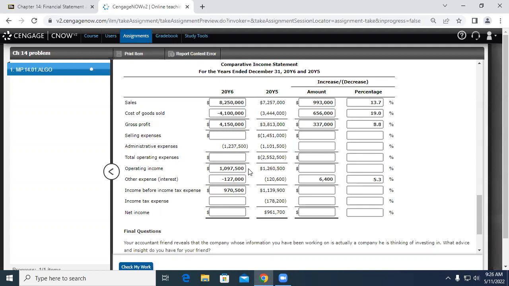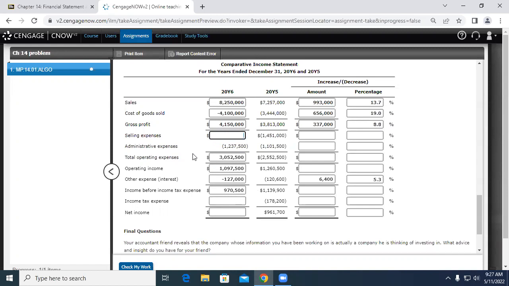now continuing to work backward, our gross profit minus total operating expenses would be the operating income. So we can find our operating expenses by taking the gross profit and subtracting the operating income. Now we know our total operating expenses and we know how much was administrative.